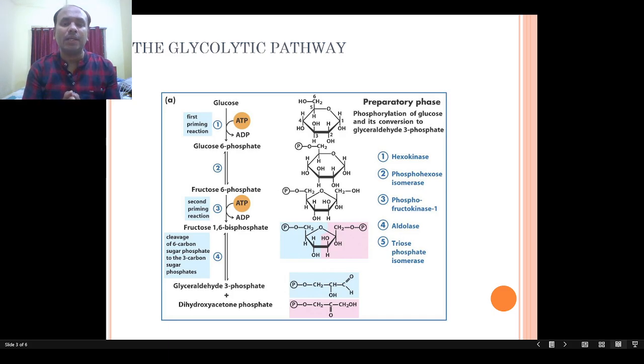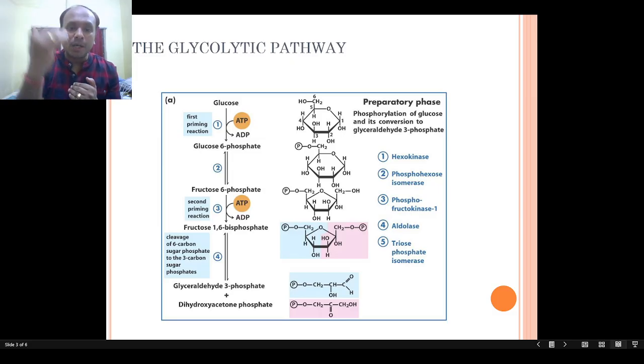So here you can see that glucose first becomes glucose 6-phosphate. Glucose 6-phosphate becomes fructose 6-phosphate. Fructose 6-phosphate becomes fructose 1,6-bisphosphate. Fructose 1,6-bisphosphate, which is a 6-carbon molecule, now breaks down into two different molecules having 3 carbons each, glyceraldehyde 3-phosphate and dihydroxyacetone phosphate.